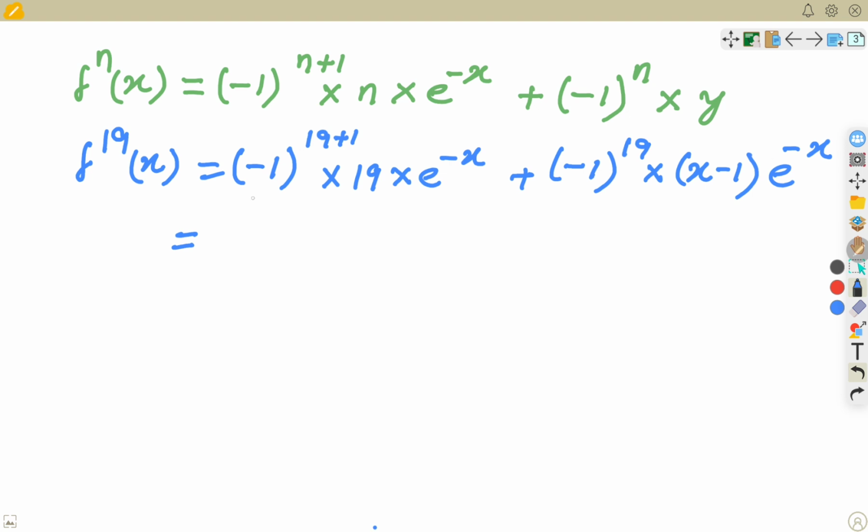So minus 1 raised to the power 20 is plus 1, into 19, into e to the power minus x. This term is minus 1.